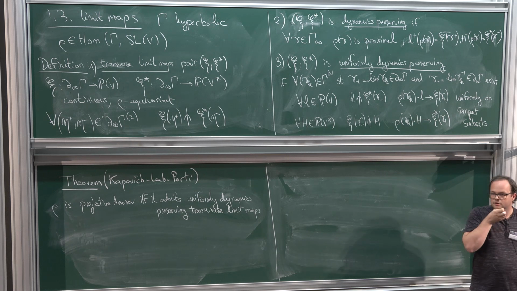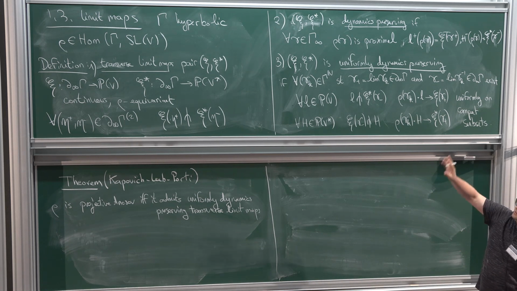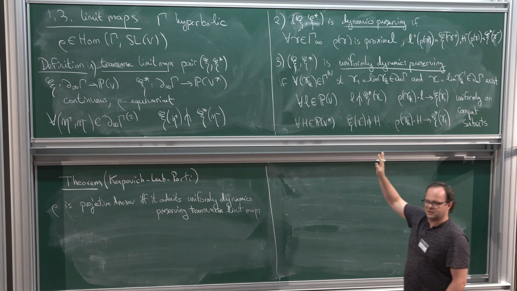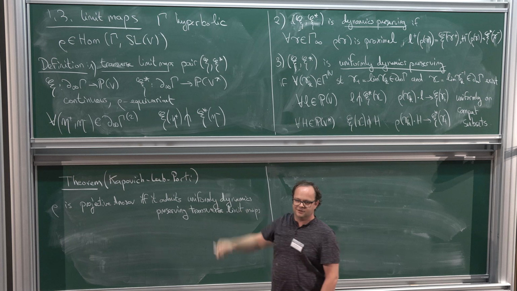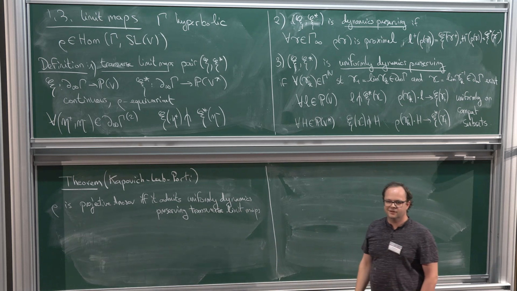Assuming you started with a hyperbolic group. Yes. I will always assume that I start with a hyperbolic group. I mean, the definition doesn't make any sense otherwise, because it uses limit maps, right?